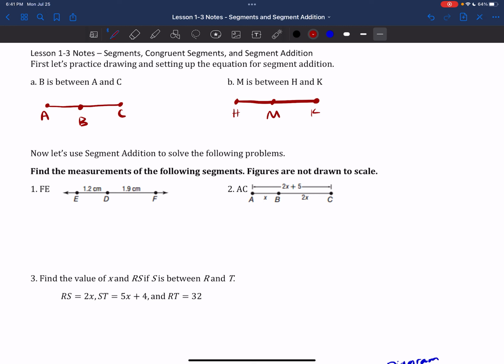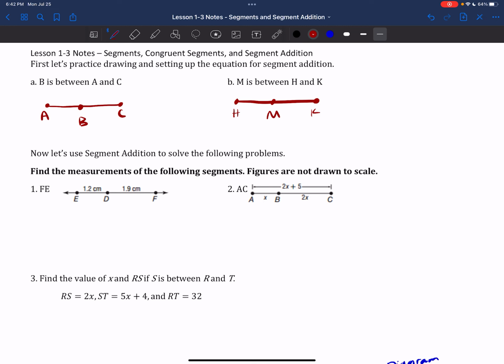So it says find the measurement of the following segments. Figures are not drawn to scale. So if I'm trying to figure out what FE is, well, FE is this whole thing here, right? And remember that chocolate bar example. I have 2 pieces of the same chocolate bar, so you have a part plus a part.